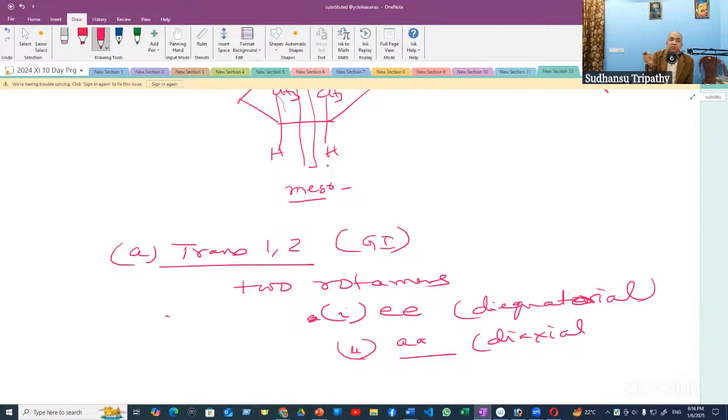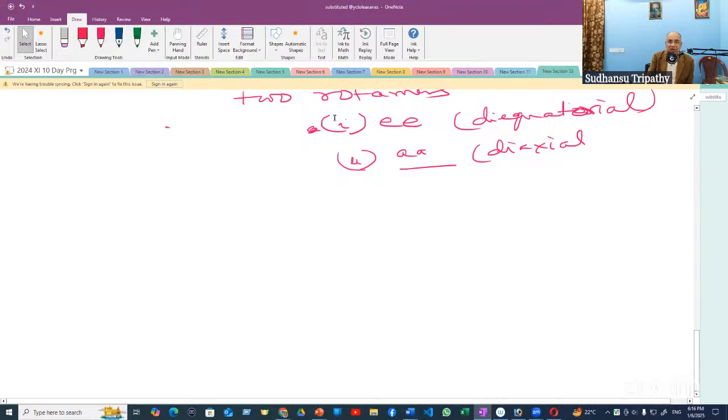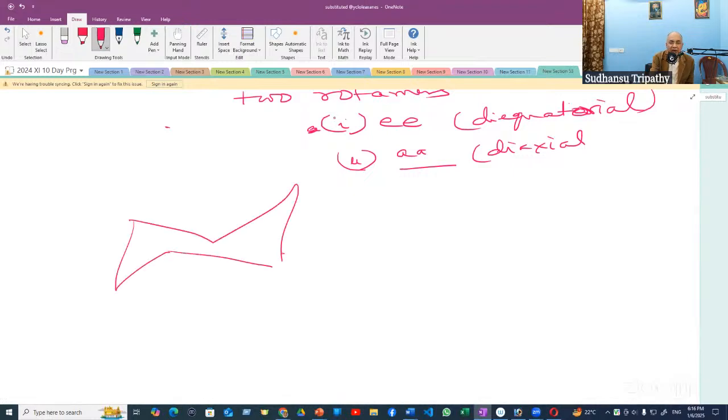EE isomer is more stable. EE rotamer is more stable than AA rotamer. As a result, you will find 99% of the molecules will remain in the di-equatorial EE, not AA. I am just showing you in case of 1, 2, supposing this is 1, this looks like as if they are close, but one is slanting up, the other one is slanting down.